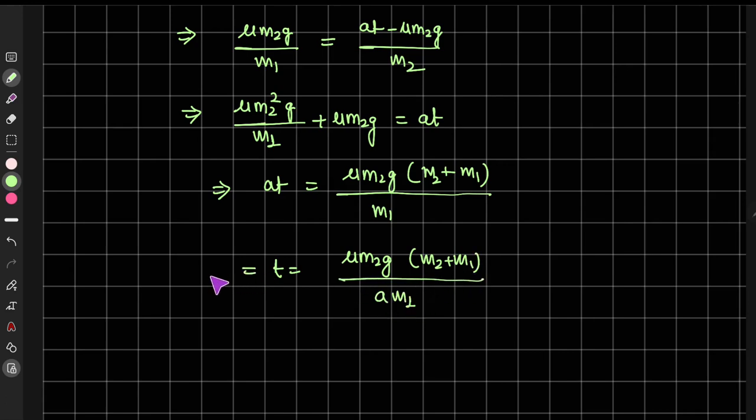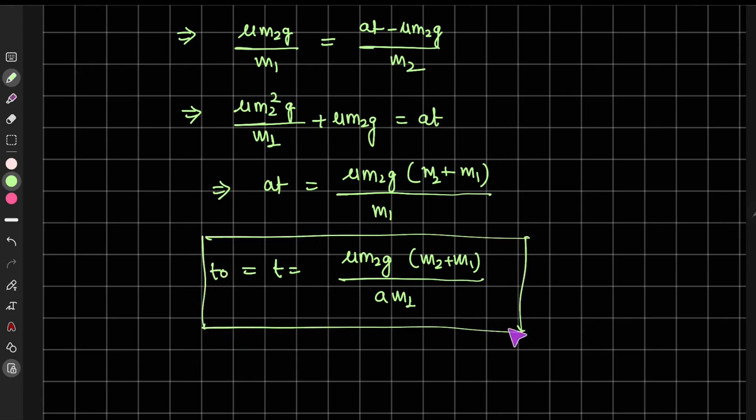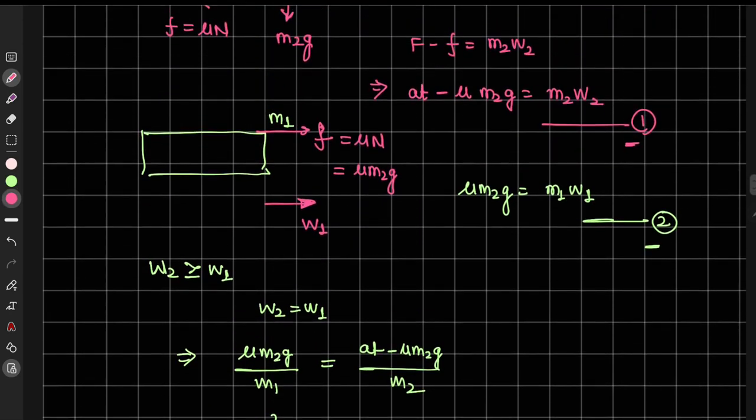So this is the time t naught, before which both bodies will not have any relative velocity, but after time t equal to t naught, there will be relative motion between mass m2 and mass m1. Now let us find out the acceleration of these two bodies.